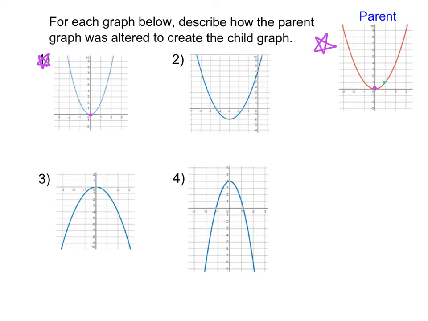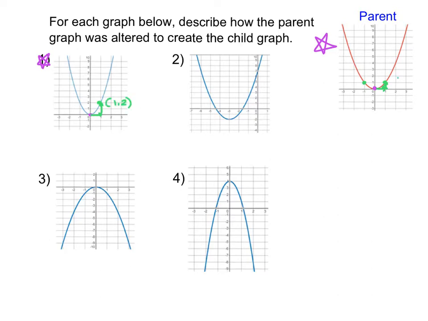So what I notice here is that there's a point at 1, 1 and negative 1, 1. To create that point, I go over 1 and then I go up 1. And what I notice with my child graph is I go over 1, but I'm actually going up 2 to the point 1, 2.